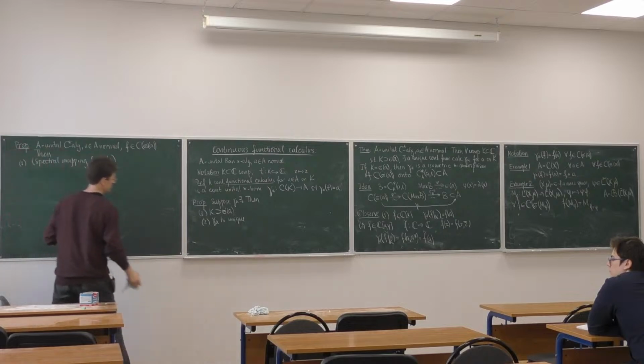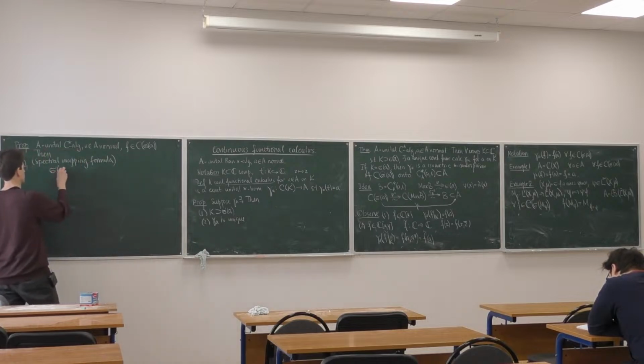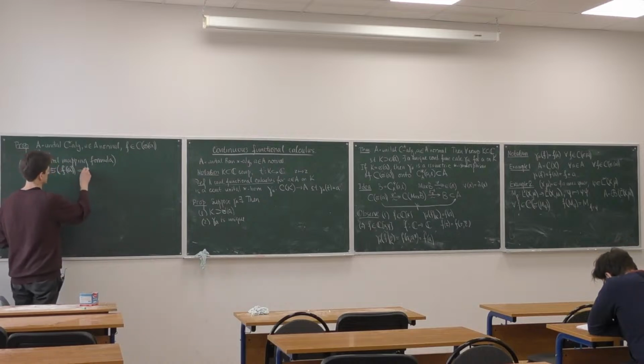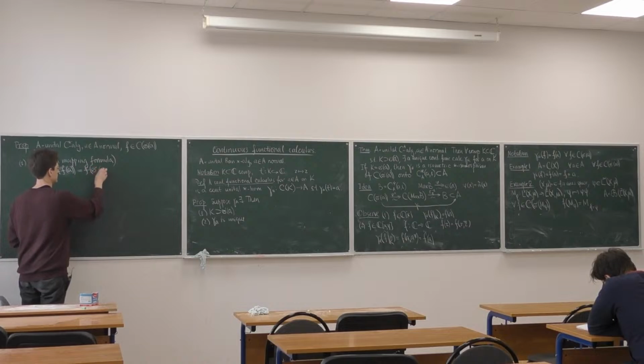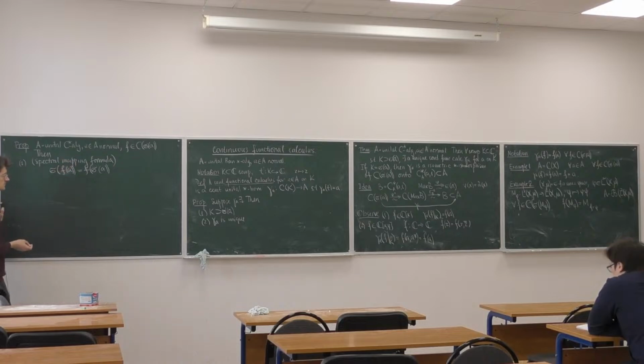So first of all, what is the spectrum of f of A? We know what it is in the case where f is a polynomial. If f is a polynomial, then we have the following formula. And it turns out that the same formula holds for every continuous function f on the spectrum, which is quite useful.